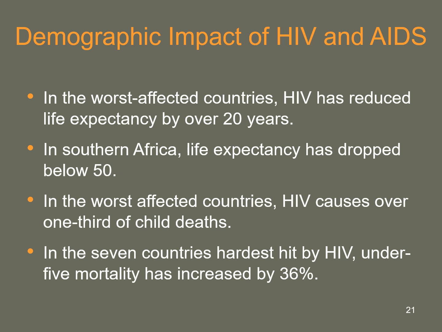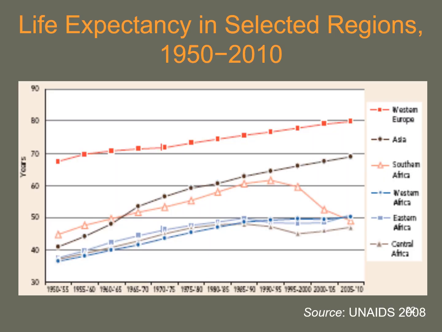In the 7 countries hardest hit by HIV, under 5 mortality has increased by 36%. So when you look at the 7 countries, I think I mentioned that Zambia is among the 7 countries.